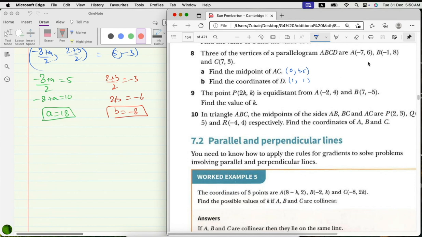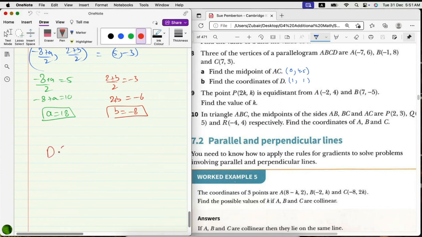For A, it's 0, 4.5, and then for B, it's 1, minus 1. Getting positive 1. Recheck. I'm getting 1, positive 1.